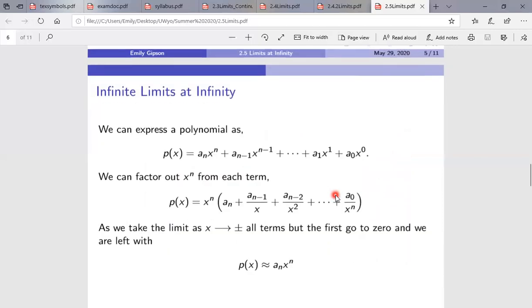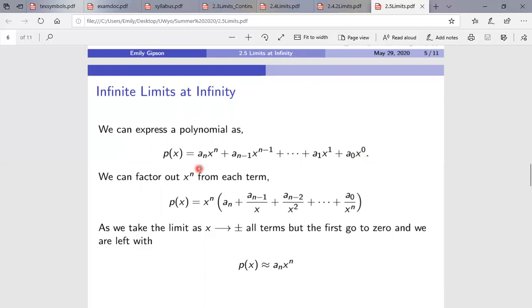Again, we're coming back to the definition of what a polynomial is, and we can express a polynomial as p of x equals a_n times x to the power n, plus a_(n-1) times x to the power n minus 1, plus dot dot dot everything in the middle, plus a_1 times x to the power 1, plus a_0 times x to the power 0.